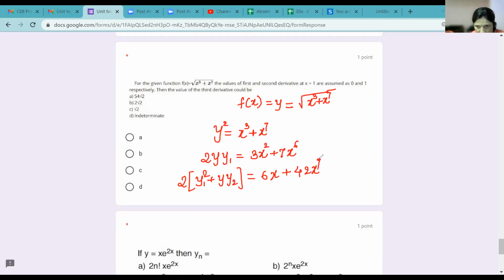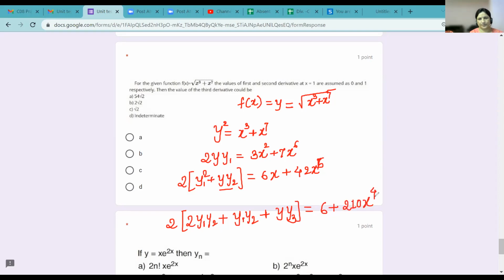Sorry, it is 5. Next, 2 into next derivative of y1 square, so it will be 2 y1 y2 plus derivative of y y2, it will be y1 y2 plus y y3 is equal to 6 plus 210 into x raised to 4.